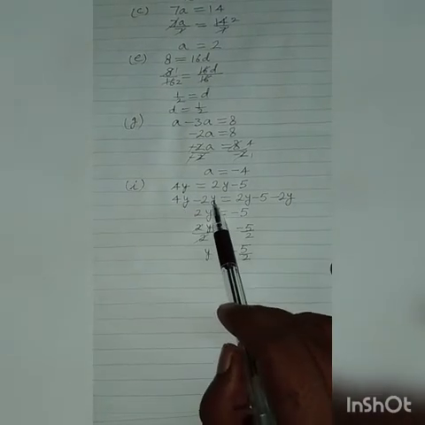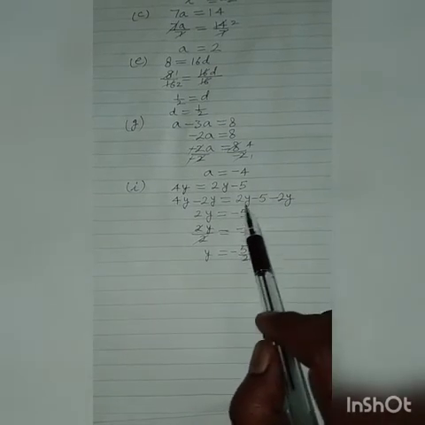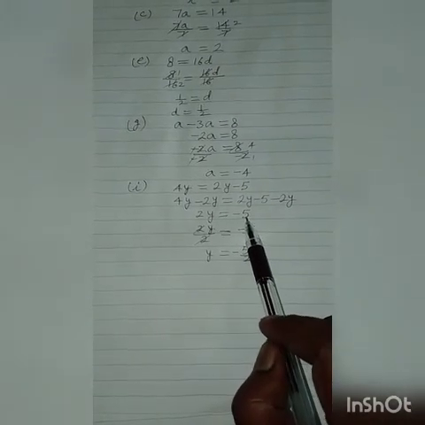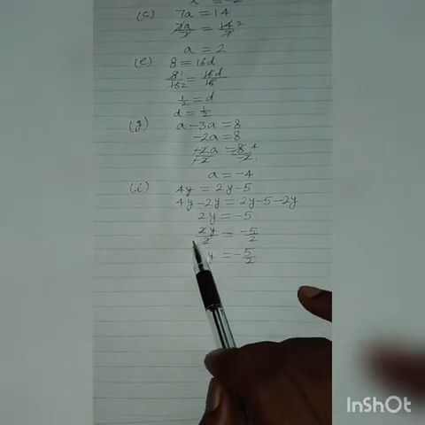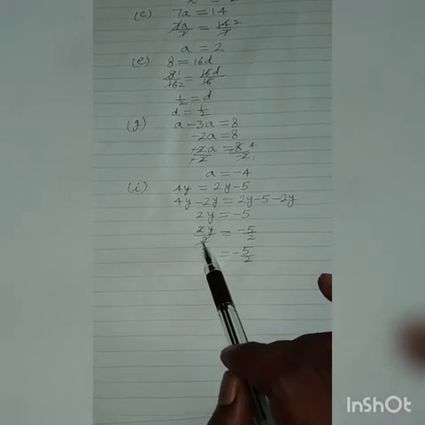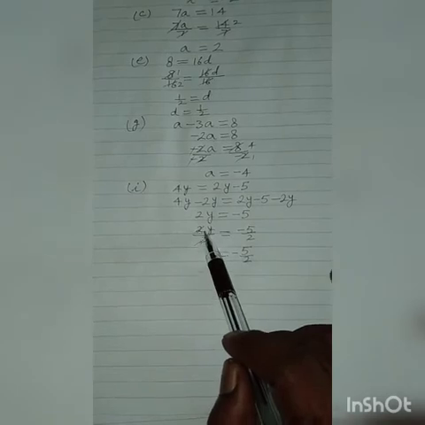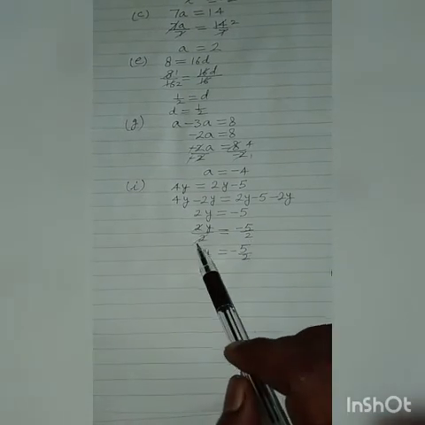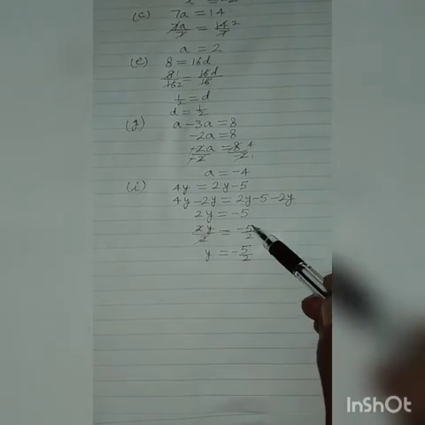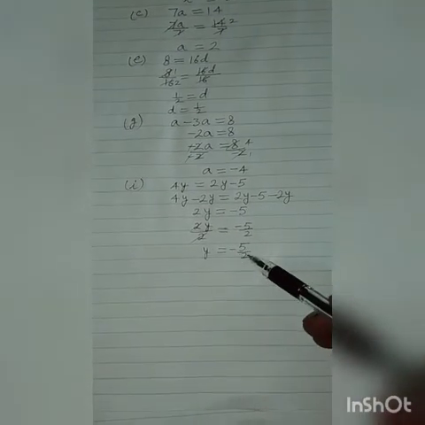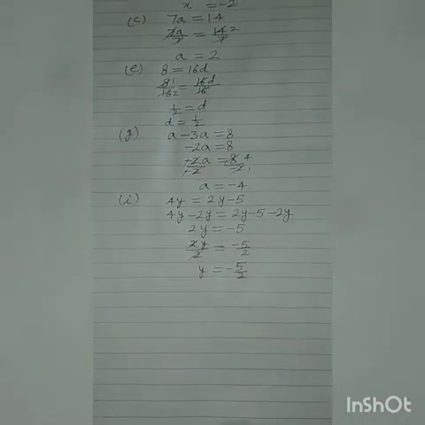So 4y minus 2y is 2y, and 2y minus 2y, they cancel each other, and you have minus 5 here. Now with the variable we have 2, so divide by 2 on both sides. So 2y upon 2 and minus 5 upon 2. 2 and 2 cancel each other, and we have y equal to minus 5 upon 2. So that is your answer.